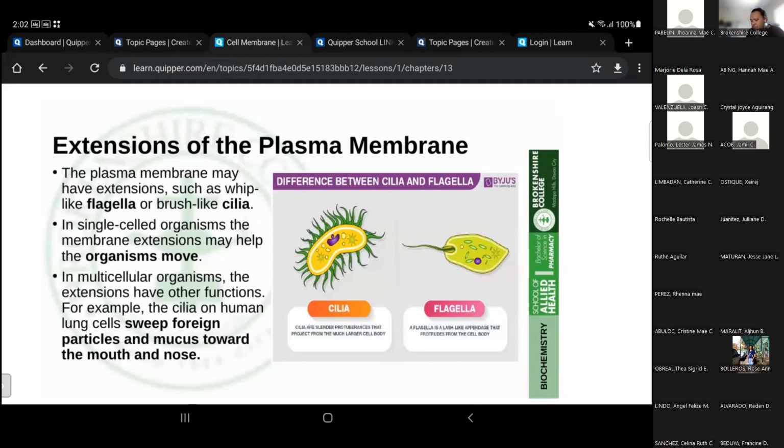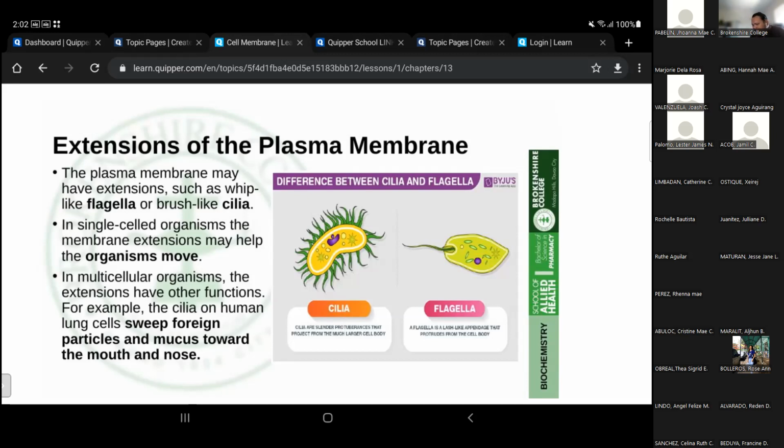Ciliated epithelium na tissues. So that comprises the linings of the mouth and nose, no? Ciliated siya. So that is the purpose of your cilia as well, no?